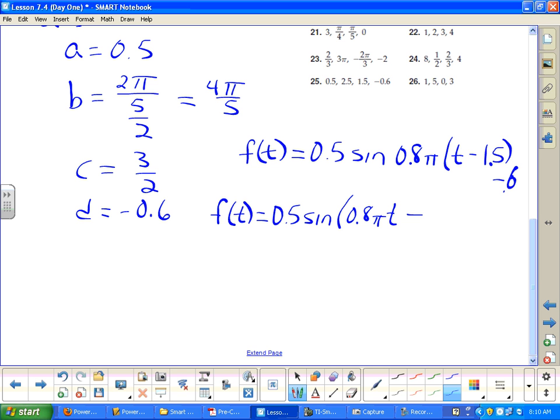How many decimal places do I have here? 2, so I have 0.12 pi) minus 0.6. Didn't need my calculator to do that. Either of those two, they probably gave it. Okay, so there's the answer to that.